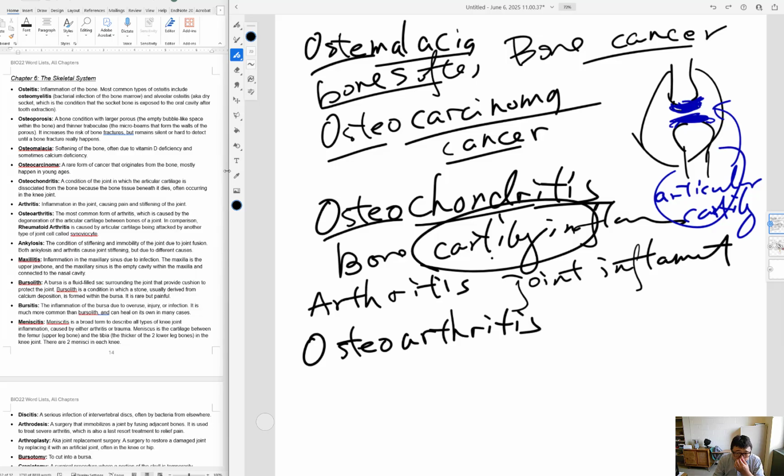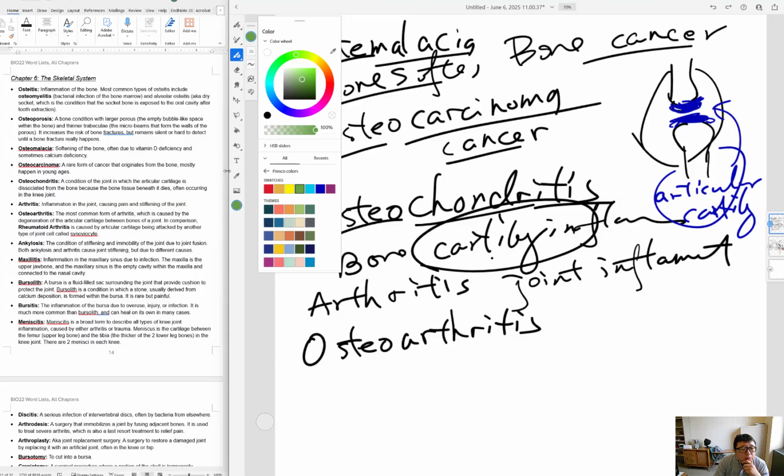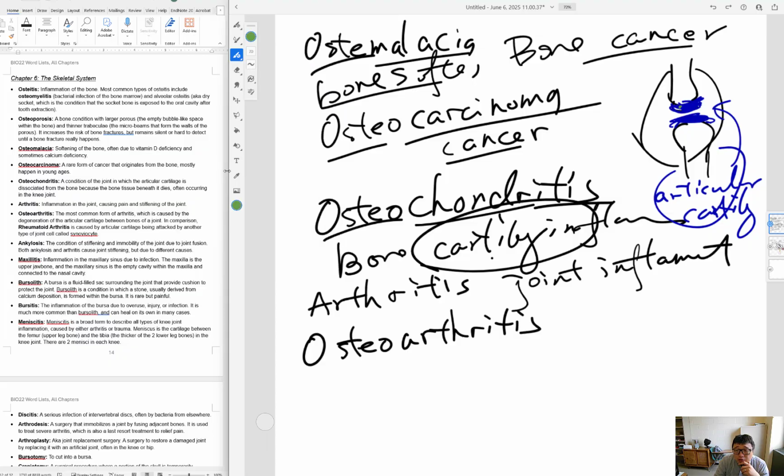What is osteoarthritis? Take a look here. The articular cartilage is a cartilage tissue, and inside the cartilage there are special cells called chondrocytes. The chondrocytes keep the homeostasis of the articular cartilage.